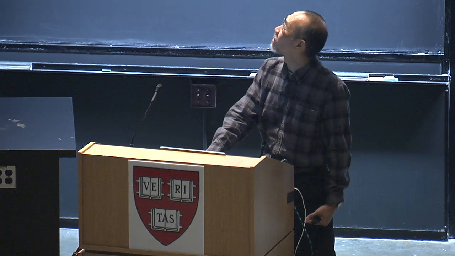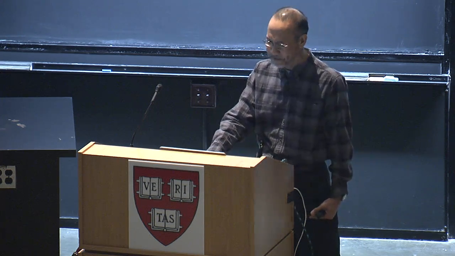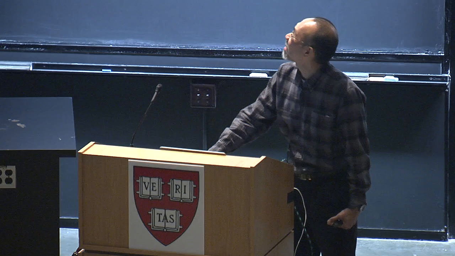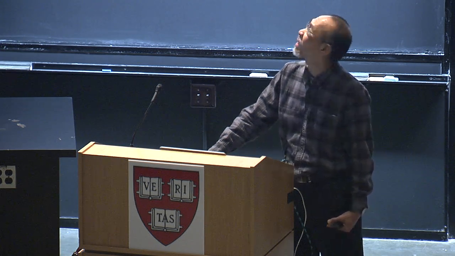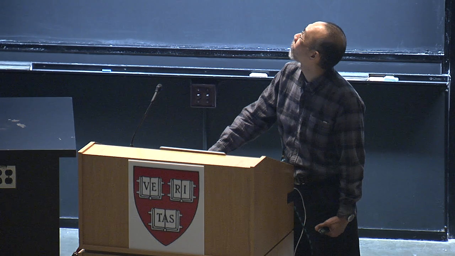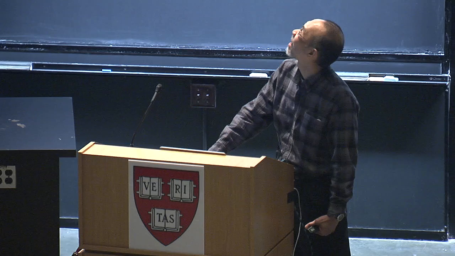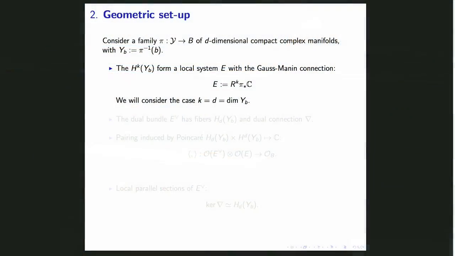I will name the fiber at the point b, Y_b. As is standard, if you look at the cohomology group of the fibers, they form a local system, which I'll call capital E, that is equipped with a Gauss-Manin connection. And in this lecture, we will focus just on the case when the cohomology degree is the middle dimension d.